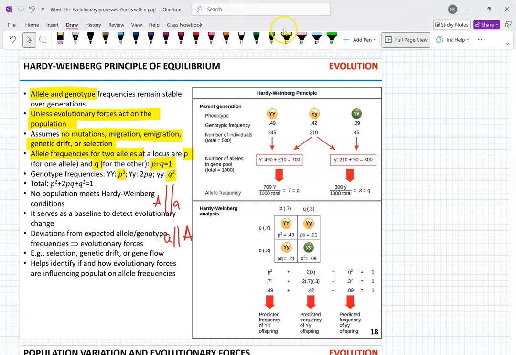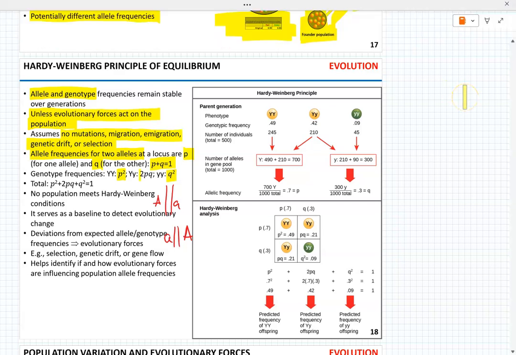So it's p multiplied by q multiplied by 2. And the total frequencies of genotypes must add up to 1. So, for instance, here you can see that the total number of individuals is 500.